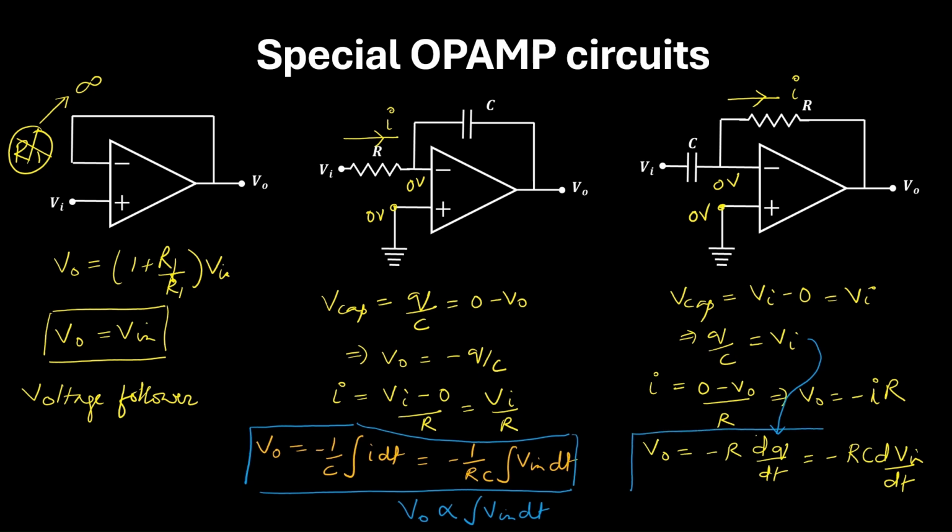Now, if you see this formula, we can conclude that V naught is directly proportional to the derivative of the input. So this is a differentiator circuit.